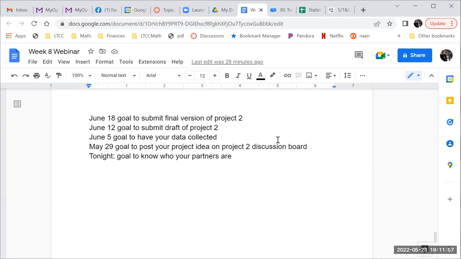Just in case. When you have something really important and you could turn it in one day ahead of time, do it. That way, if a disaster happens, you have a day to deal with the disaster. Does that make sense? So these are goals. The goal would be June 18th, and it could be June 17th. That's fine too. But I don't recommend thinking, well, I'm just going to do it the night of, because that's when your internet goes down and bad things happen.